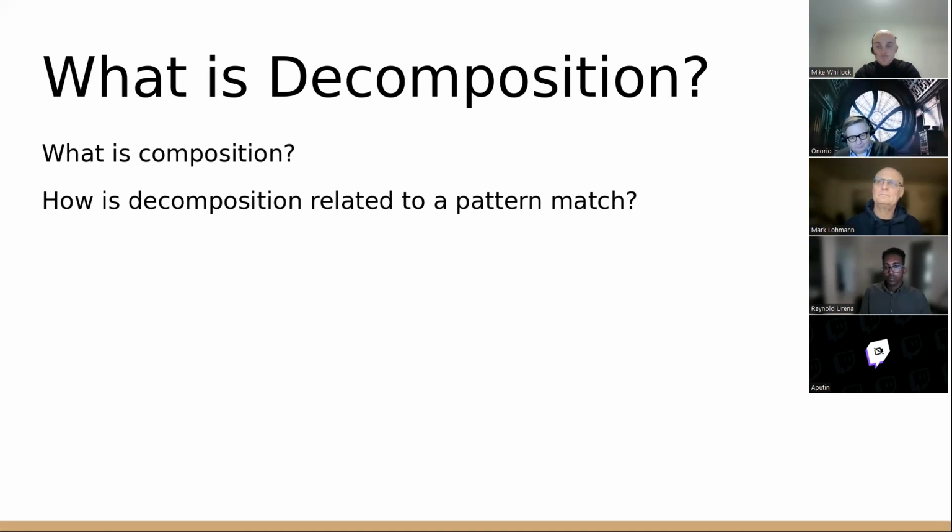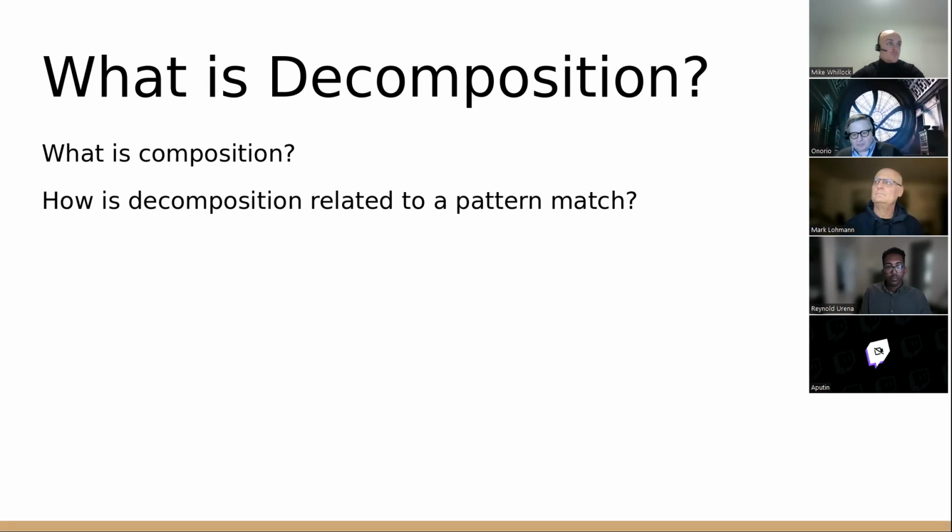So when we talk about decomposition, here's a pattern of data. For instance, going back to the example I was showing you a second ago, I have a list of 3 things. I want to decompose my list into those 3 things. So decomposition means I bind this part of the list to this one name, I bind the second part of the list to a different name, and I bind the third part of the list to a different name.